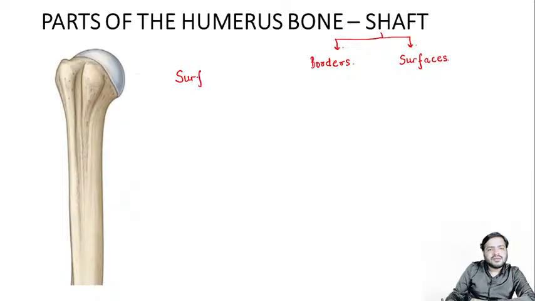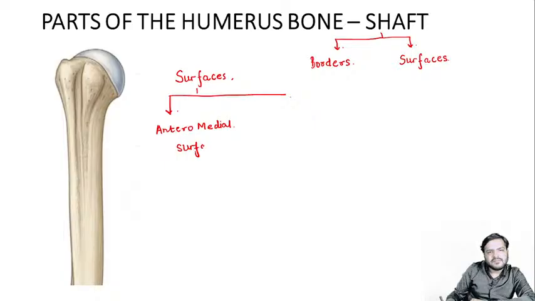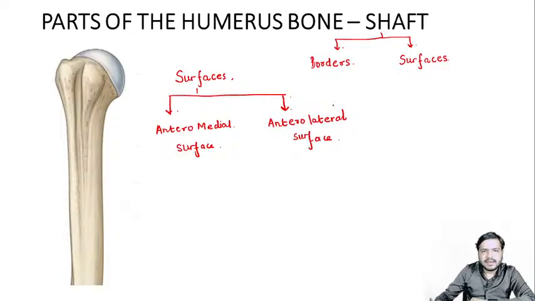Surfaces are basically divided into three parts, as I have already told you. We have the anteromedial surface, then we have the anterolateral surface, and at last we have the posterior surface.